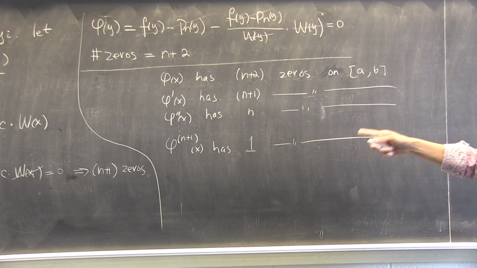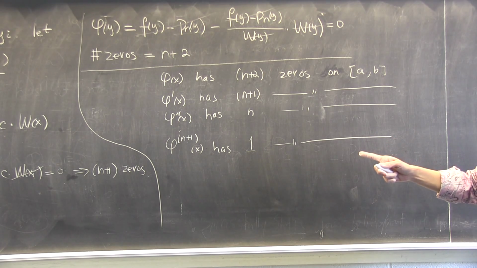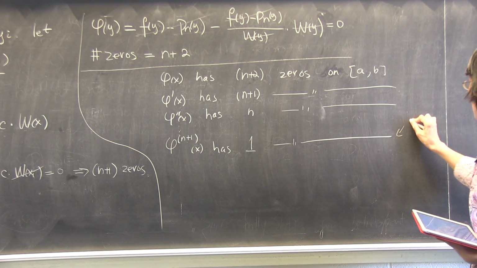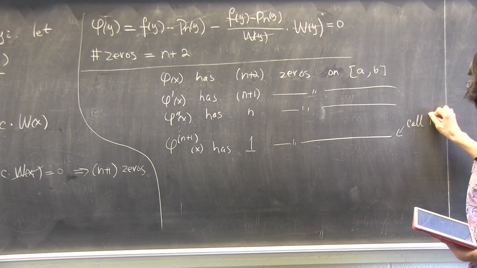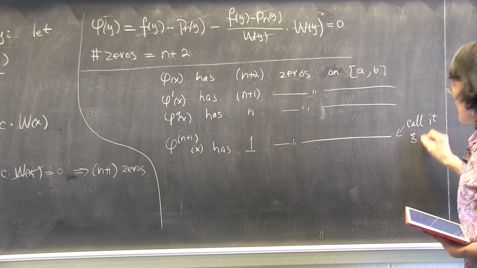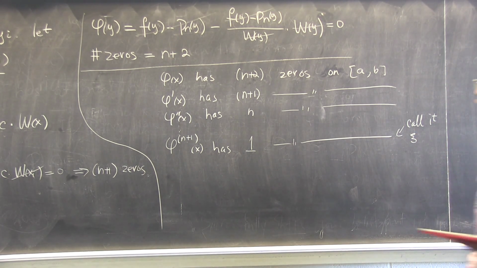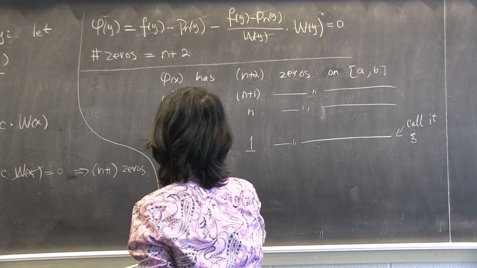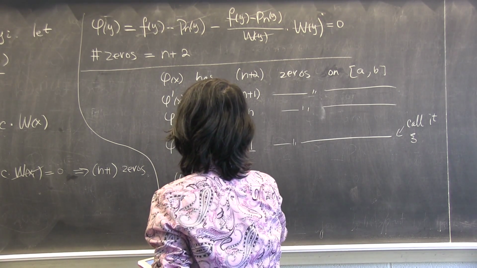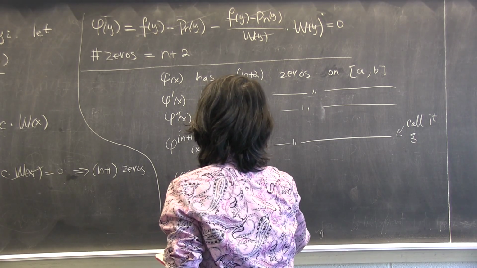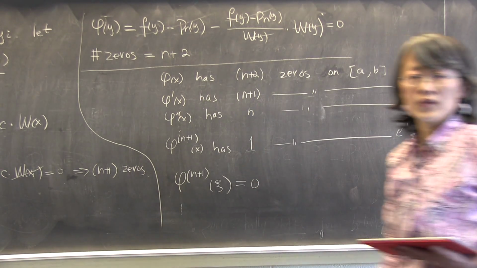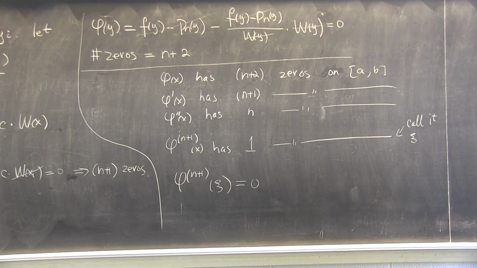And that is the zero I'm going to call xi. That's the last zero. So I have phi n plus 1 at xi equals 0, where xi is on the interval from a to b. Is that clear so far, the argument? Okay, we're almost there to close it.